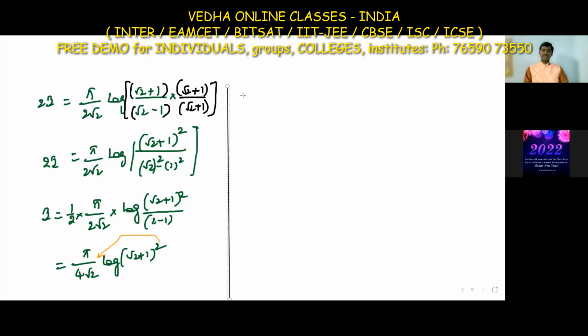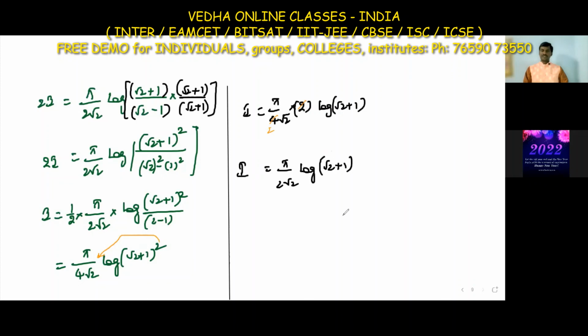So now I is equal to pi divided by 4 root 2 as it is I written. This power 2 I am writing as a coefficient 2 into log of (root 2 plus 1). Now you can cancel by 2 table, 2 ones are 2, 2 twos, you can cancel by 2 table.